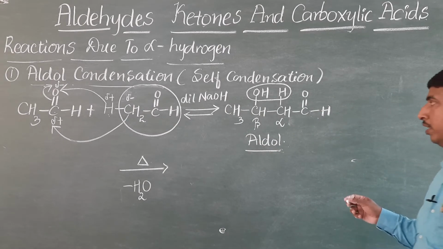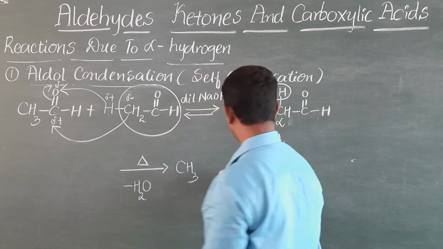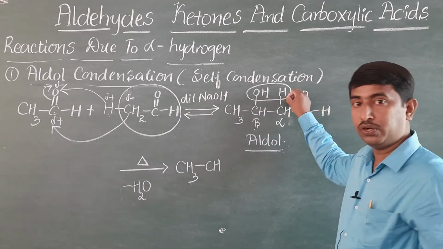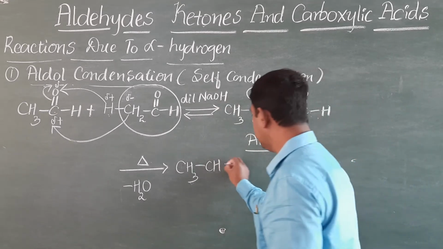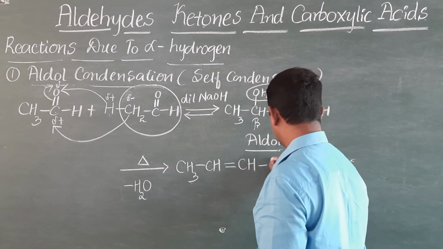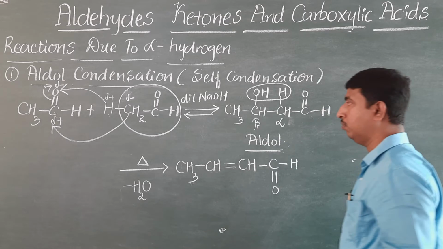Removal of water takes place forming CH3, then CH. See, due to the loss of hydrogen and OH group, there exists a double bond, that is CH double bond CH, C double bond O, single bond H.